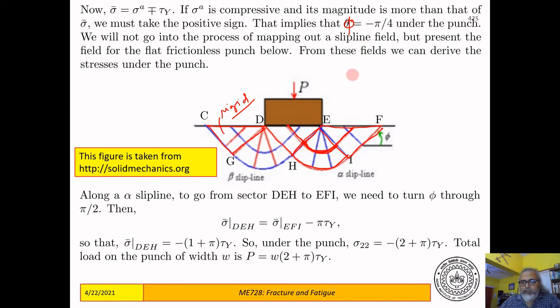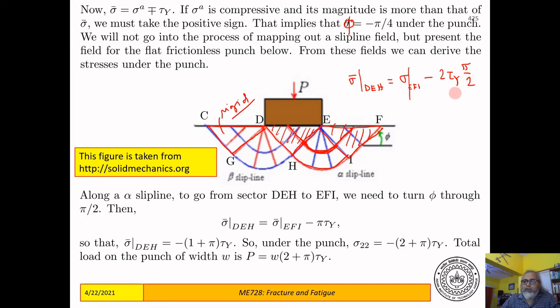Then we can use the Hencky equation, which says that sigma bar in the rigid part DEH, connecting to this part EFI, differs by 2 tau y times the change in phi, which is pi by 2 in this case.